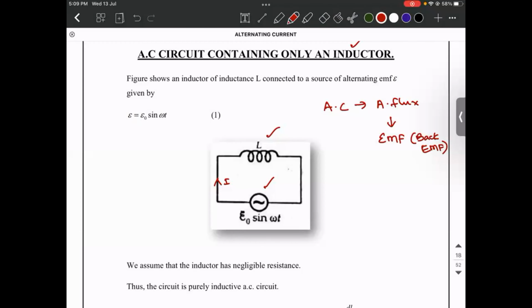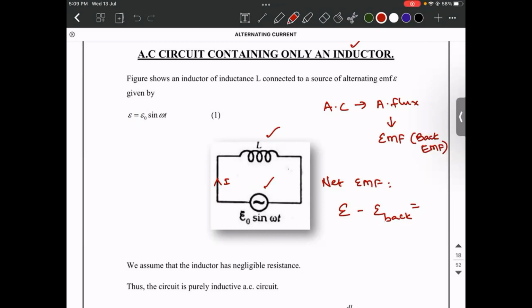Now if I calculate the net EMF, can I write it as E minus E back is equal to 0? Why I wrote it as 0 is because it is a purely inductive circuit, meaning only an inductor is present.